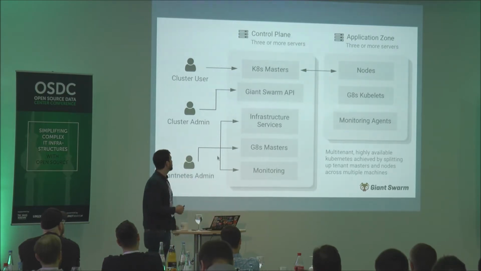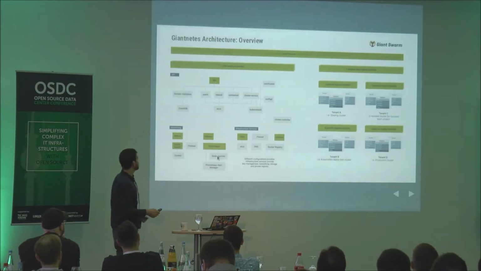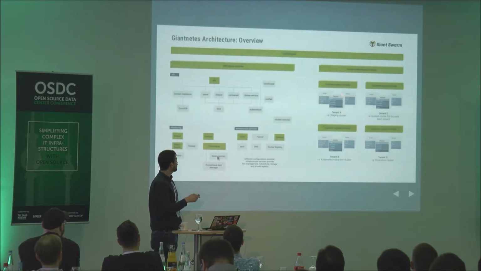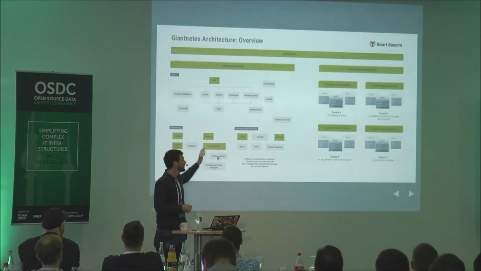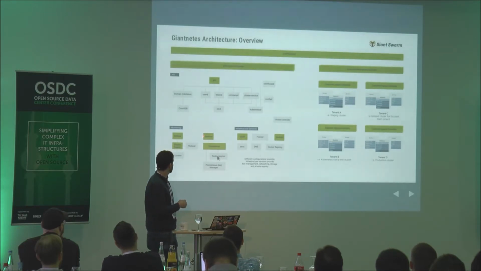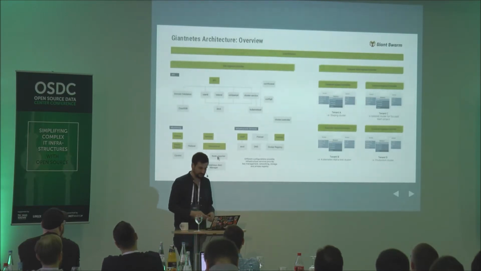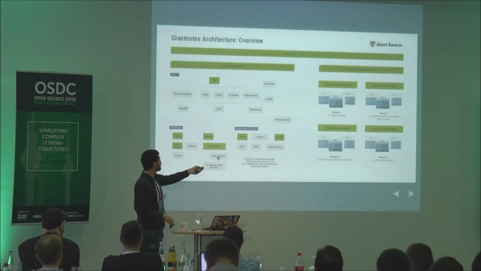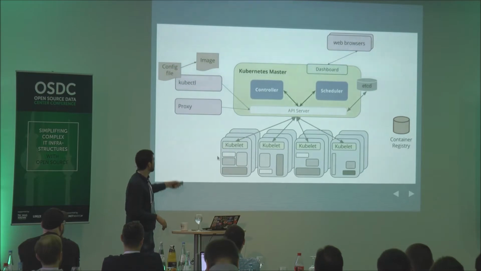And so if you blow this up, it looks a little bit more like this. So here are the clusters, the different ones, and traffic comes from the outside, and you can separate this from traffic that has access to the control plane, and you have some dashboards here and some other tools, but it doesn't really matter. And then if you blow this up here as well, it looks like this.